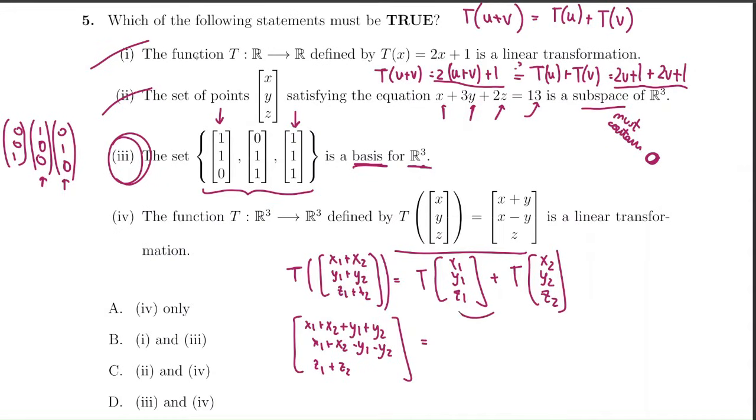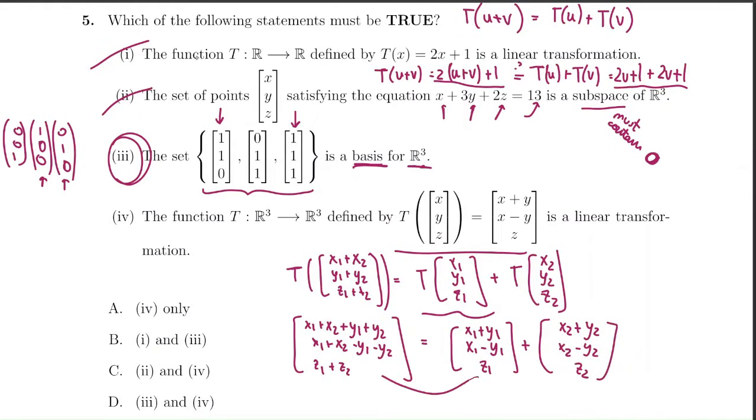And this transformation gives us x1 plus y1, x1 minus y1, and then z1. Wait, I'm sorry, I don't know why I started writing 2's. And this one is x2 plus y2, x2 minus y2, and then z2. From addition, these two are the same, so this is going to be a linear transformation.